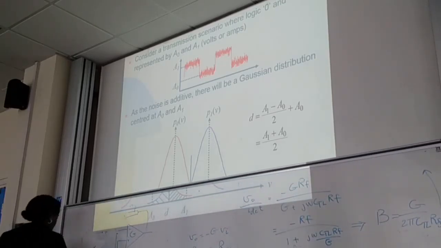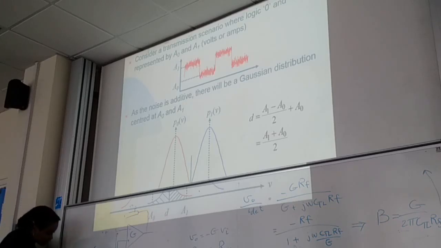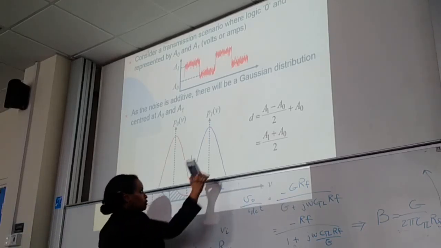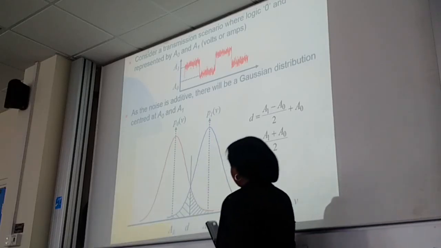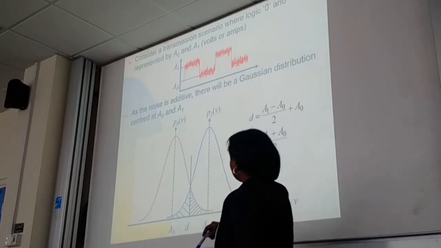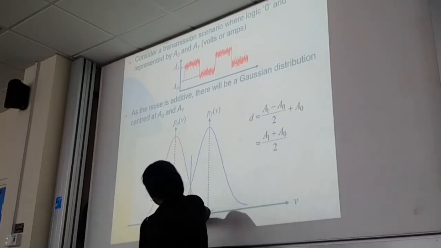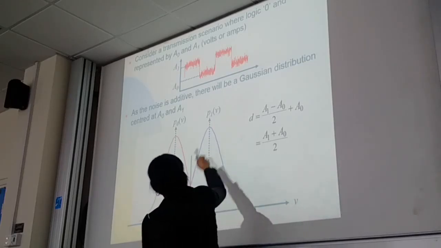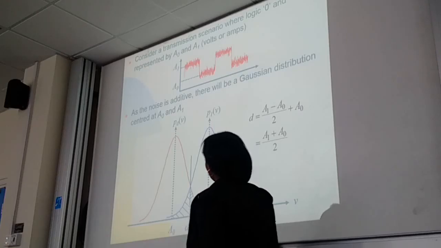So we have read that the noise will have a Gaussian distribution. So around the 0 level and the 1 level, we will have a Gaussian distribution, as we can see here in the figure. So if this is the 0 level and this is the 1 level, we'll have a Gaussian distribution around each of them.